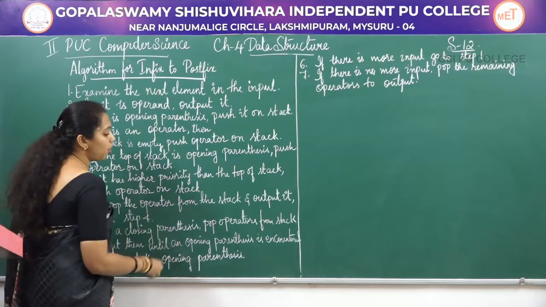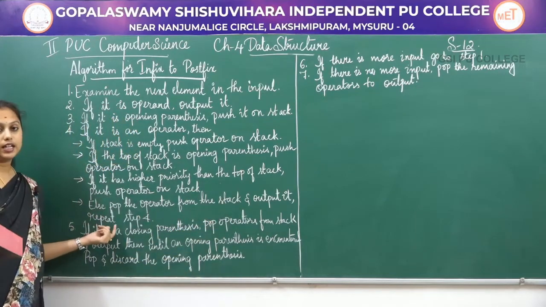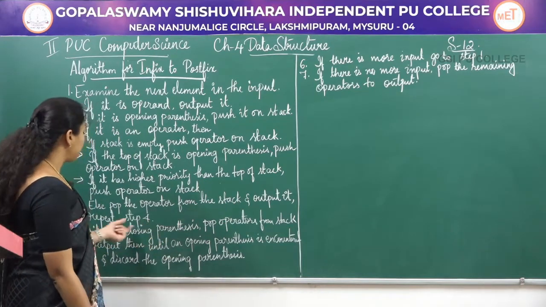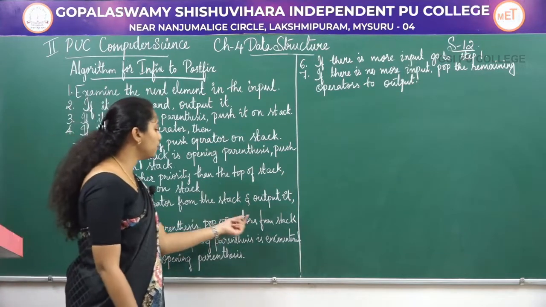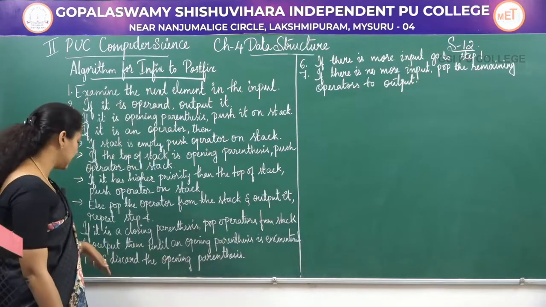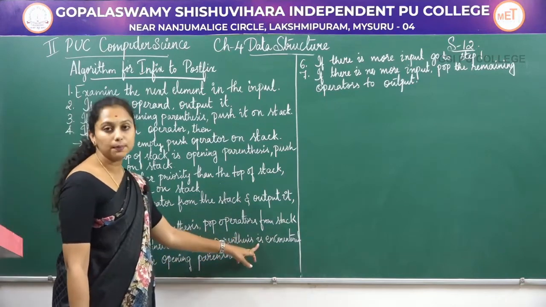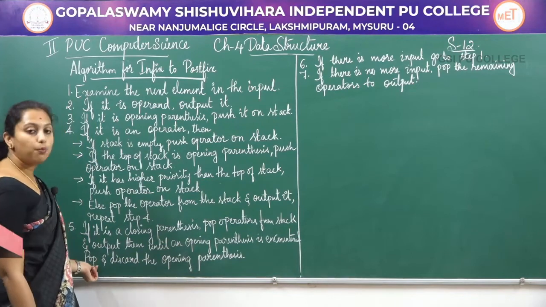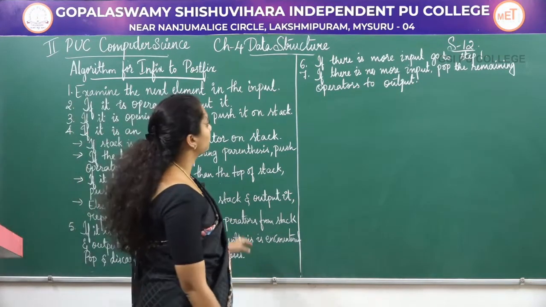Else we pop the operator from the stack and output it, and repeat step 4. If it is a closing parenthesis, we pop the operators from the stack and output them until an opening parenthesis is encountered. Then we pop and discard the opening parenthesis.